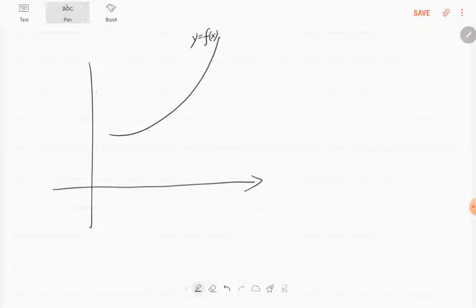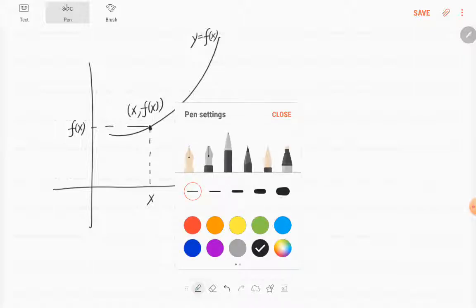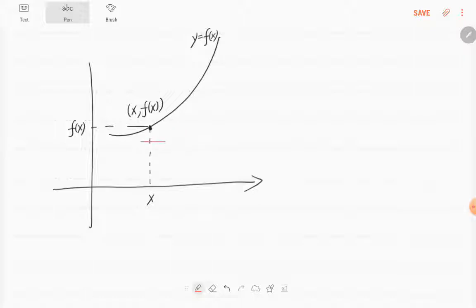If we know this point is given by x and f of x, there is a tangent line, y equals L of x.